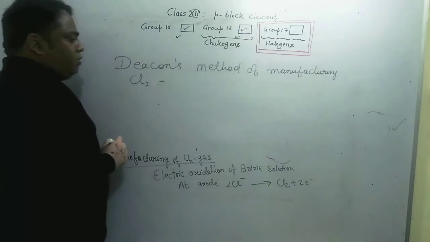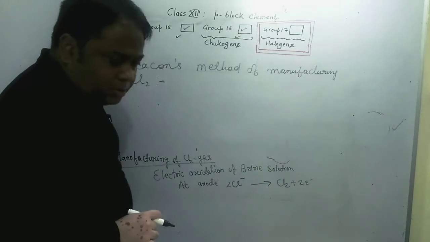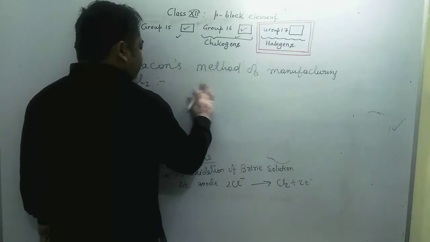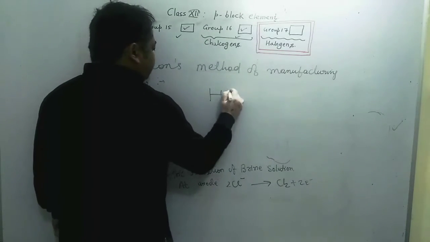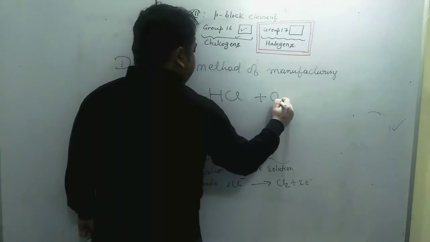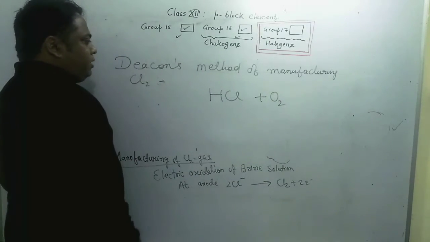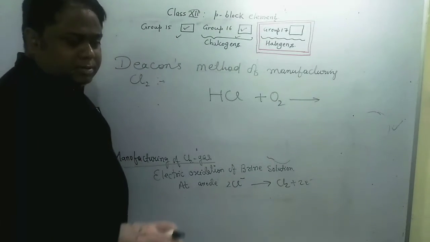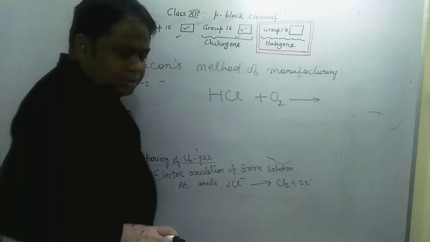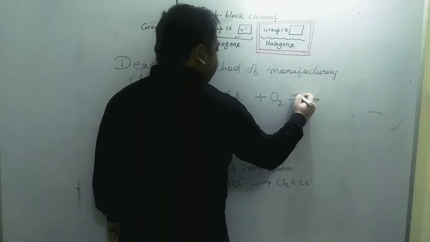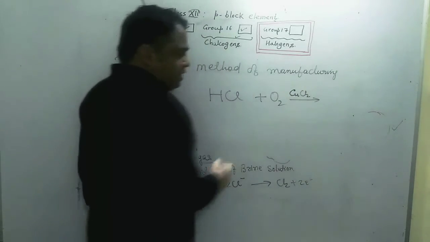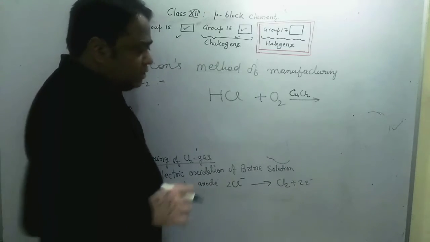What is done? We take any chloride salt, or we take HCl, and treat it with an oxidizing agent, atmospheric oxygen, in the presence of a catalyst. The name of the catalyst is cupric chloride, and we maintain a temperature around 723 Kelvin.